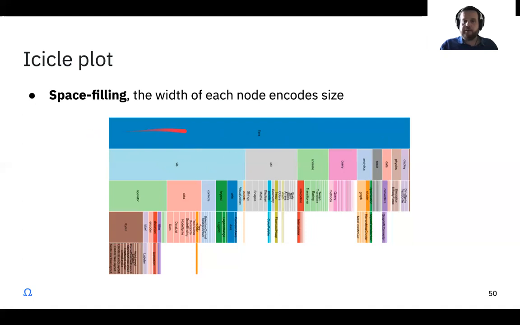So for the root node, the width is of course 1, so the entire canvas. So the root node fills the entire canvas, and here we now see the proportions between the children and their corresponding subtrees. So that's the nice part about the icicle plot.